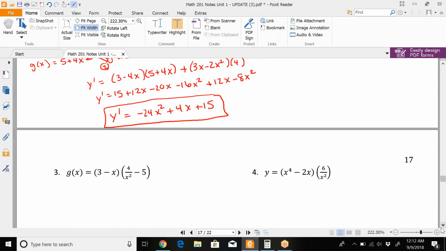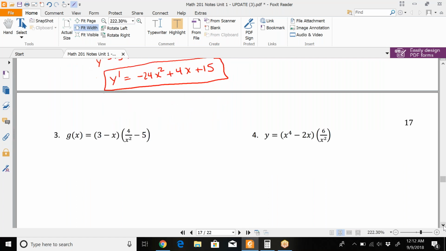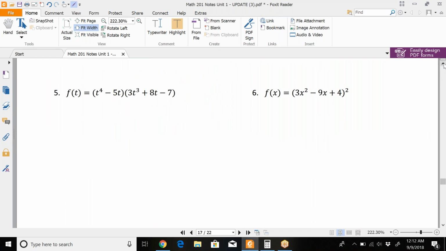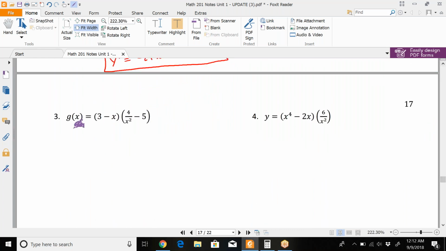Let me see if I want to do one that's a little more interesting on the video. Maybe I will do number 3. And this is already called G. So when that happens to me, I let the first function be F just like normal, but I'll call the second one H. And that's just so that I don't see multiple G's when I'm writing my final answer. So F of x is 3 minus x.